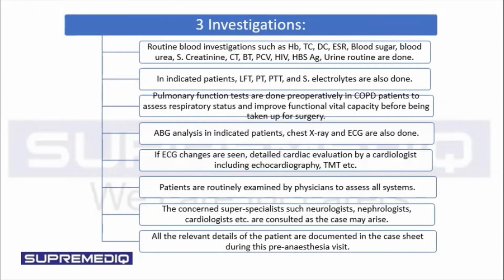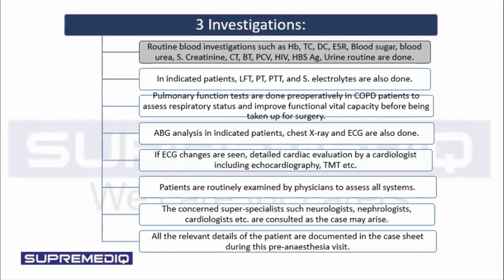3. Investigations. Routine blood investigations such as HB, TC, DC, ESR, blood sugar, blood urea, S-creatinine, CT, BT, PCV, HIV, HBsAg, urine routine are done.